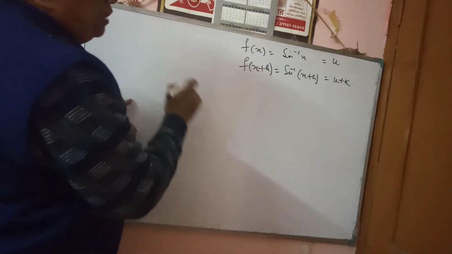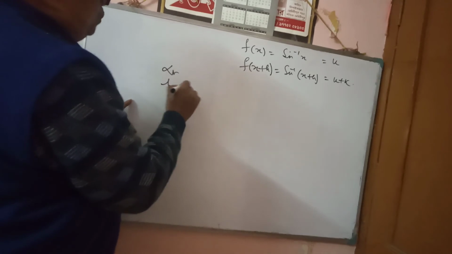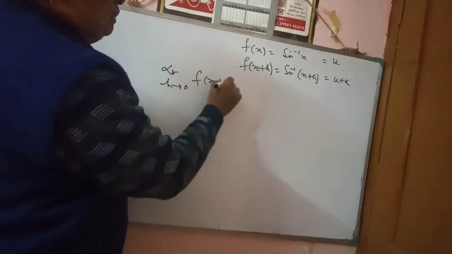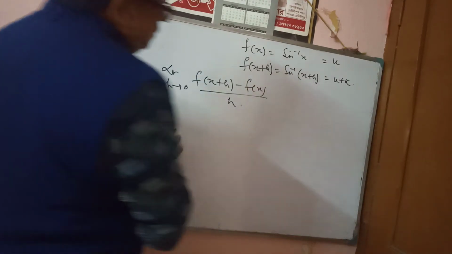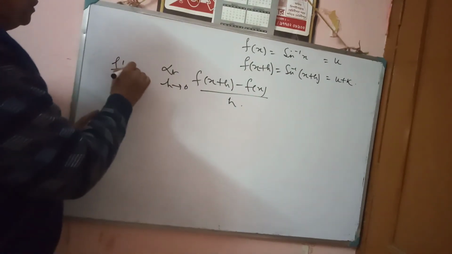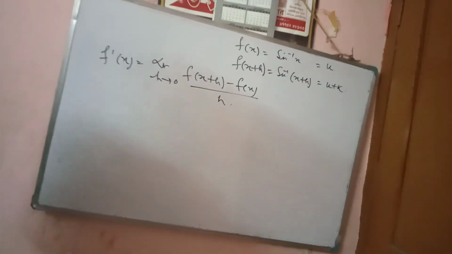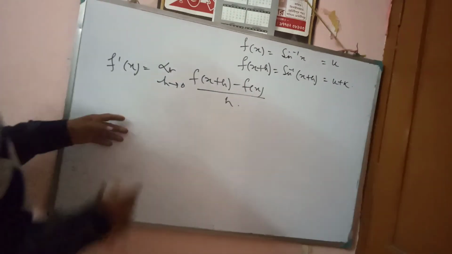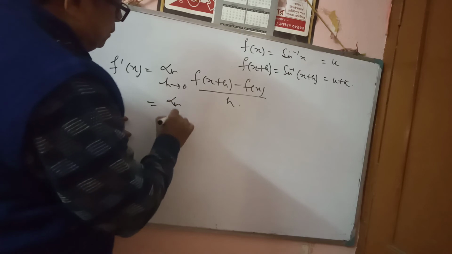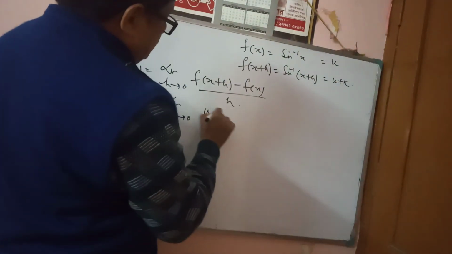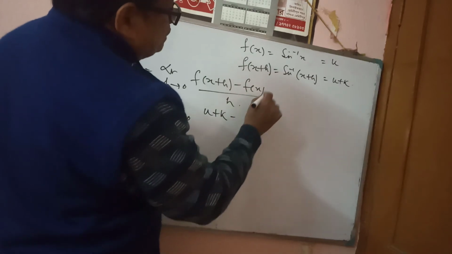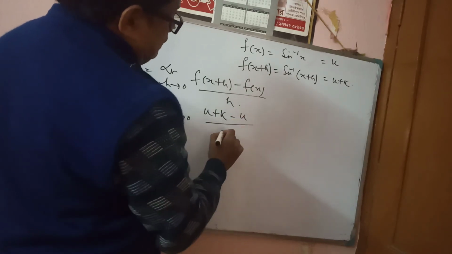So limit h tends to 0 of f(x plus h) minus f(x) by h, all of you know the first principle formula. Just write here limit h tends to 0, x plus h means u plus k, minus f(x), u, by h.